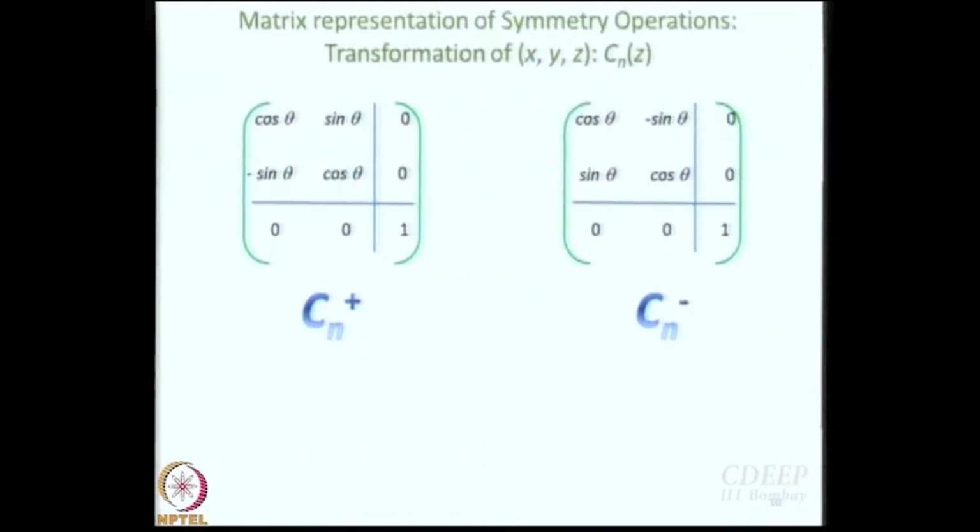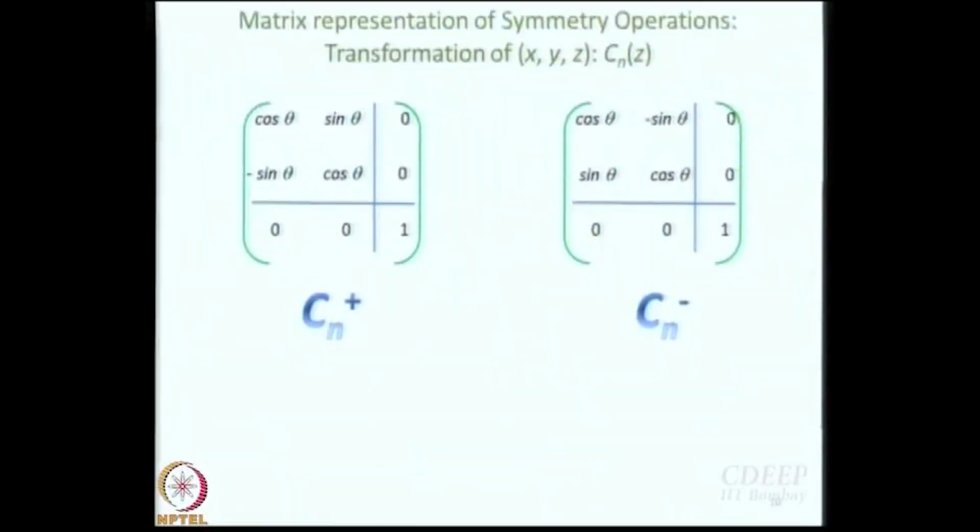Remember? You either remember or believe me, right? So these are the Cn plus and Cn minus matrices for the operations that we got, general representation.